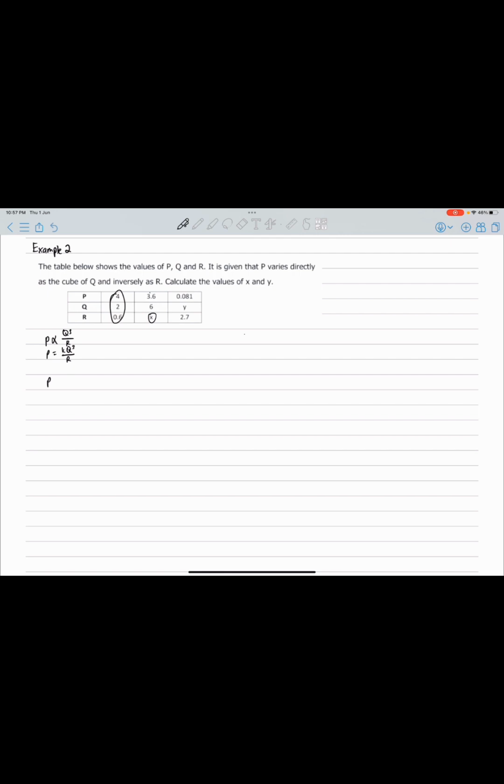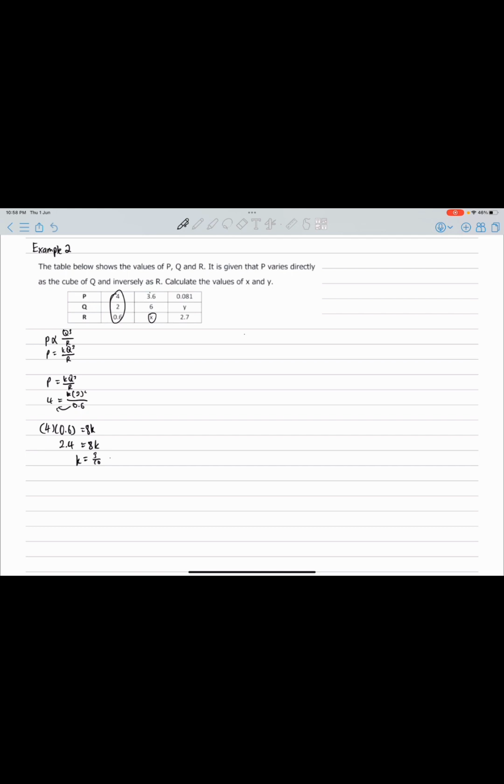So P equals k Q cube over R, and P is equal to 4, Q is equal to 2, and R is 0.6. So we move 0.6 to here, so it's 4 times 0.6 equals 8k. 2.4 equals 8k, and k is equal to 3/10.